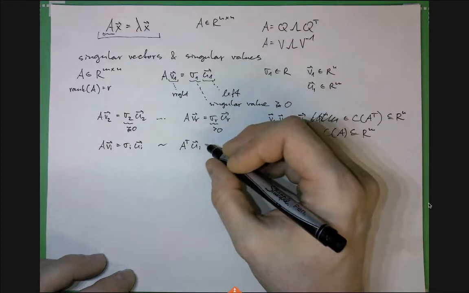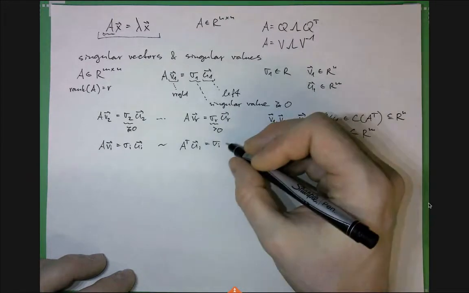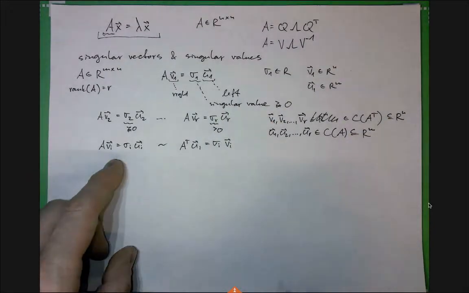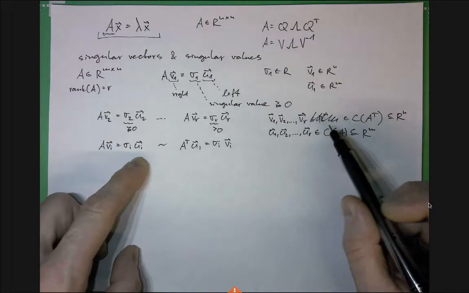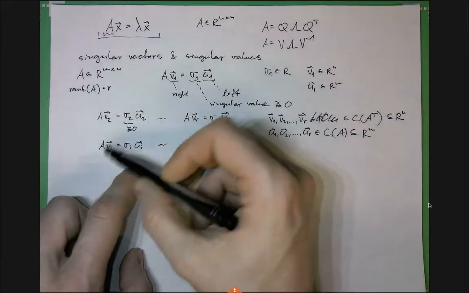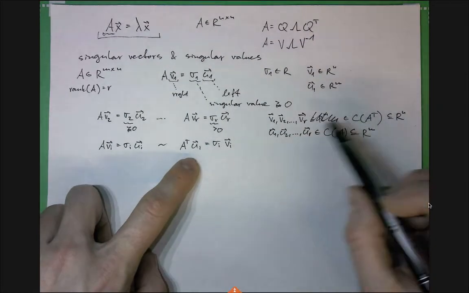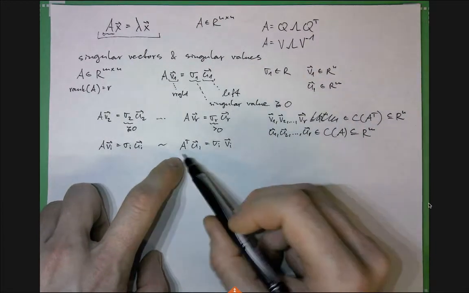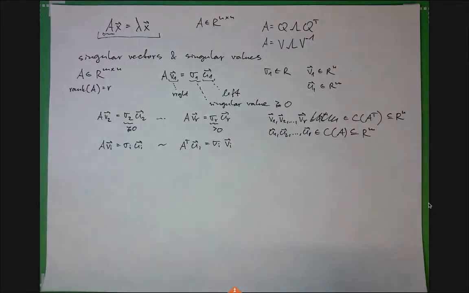It maps the left ones via the singular value to the right ones. So from this you can clearly see that the u_i vectors are in the column space, and if you remember the definition, the v_i's are in the row space, or column span and row span.